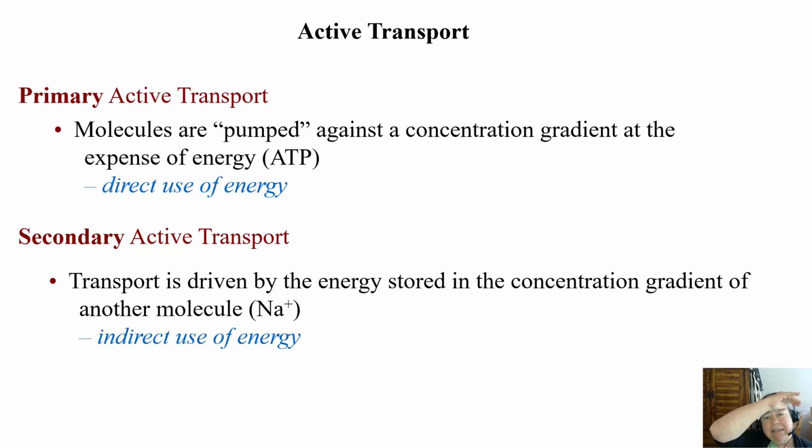But now that we have that concentration gradient, we can use the energy stored in it indirectly to move substances from an area of lower concentration to an area of higher concentration, and that is called secondary active transport. And it indirectly uses energy. It uses the energy stored in the concentration gradient of sodium.